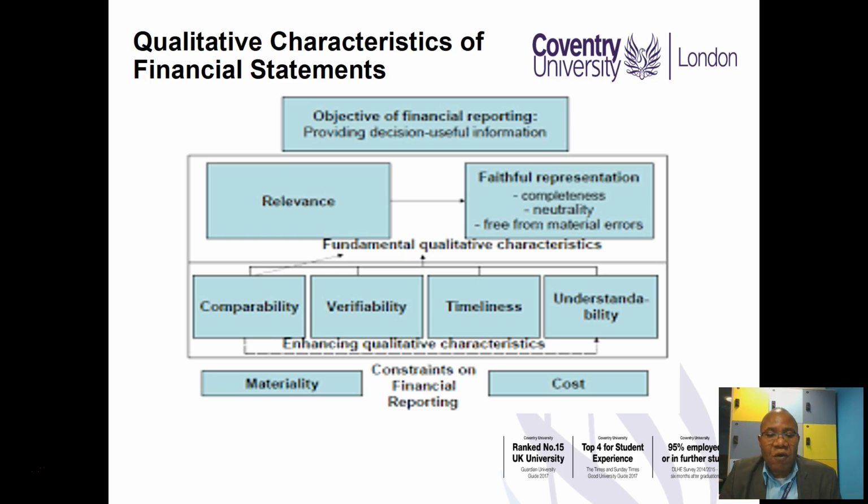Then there are four enhancing qualitative characteristics. These are comparability, verifiability, timeliness, and understandability. Now, normally materiality is important. Any item that is not material will not be considered. Additionally, the cost must be weighed against the benefits of producing qualitative information.